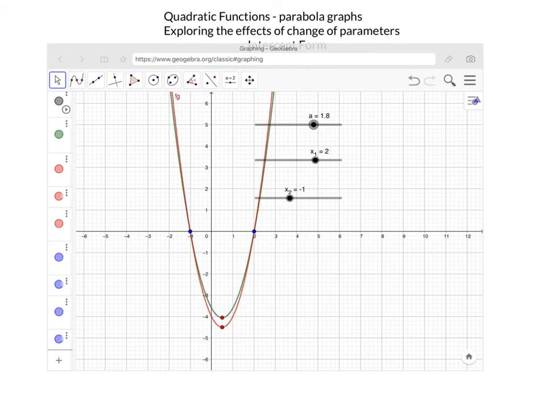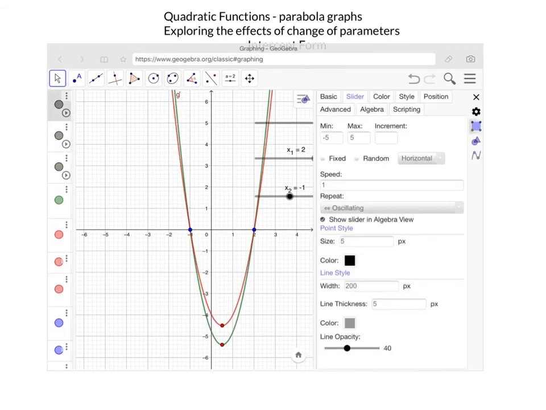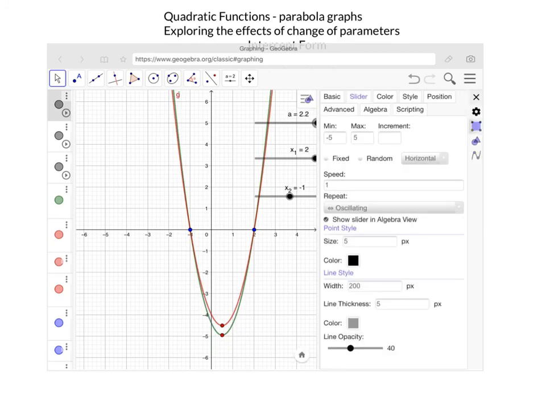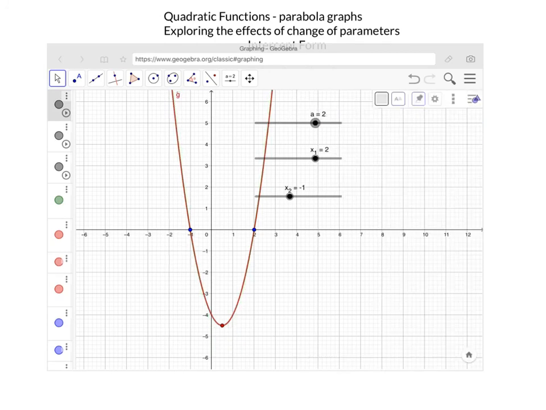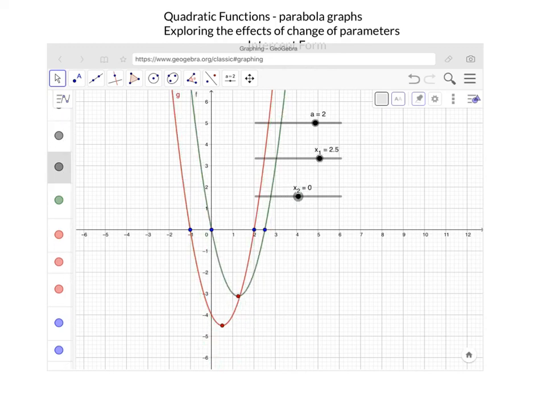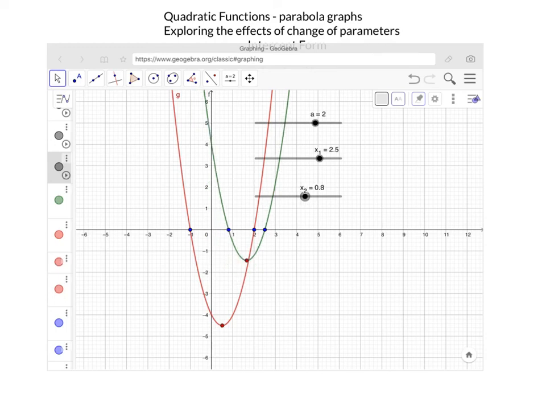Now let's look at the effect when I move the x-intercepts. If I change the x-intercepts, the graph will change accordingly, as you have seen. Now let's look at what will happen when the two intercepts coincide.